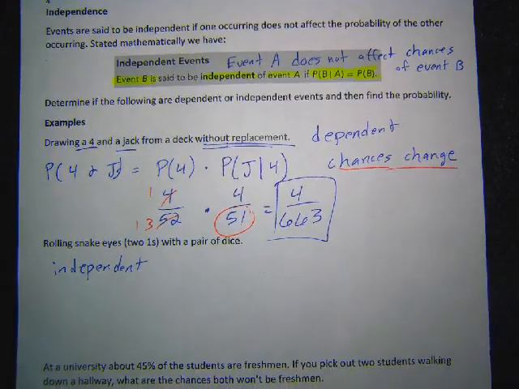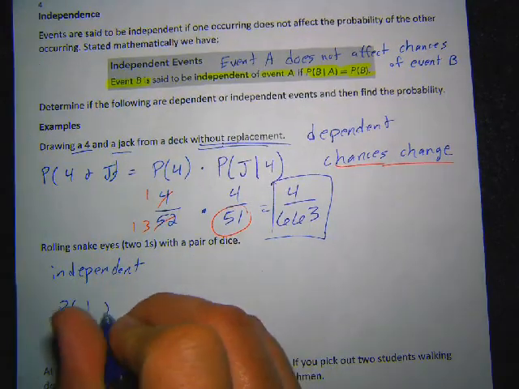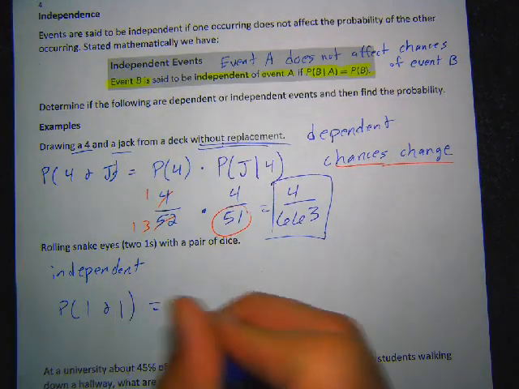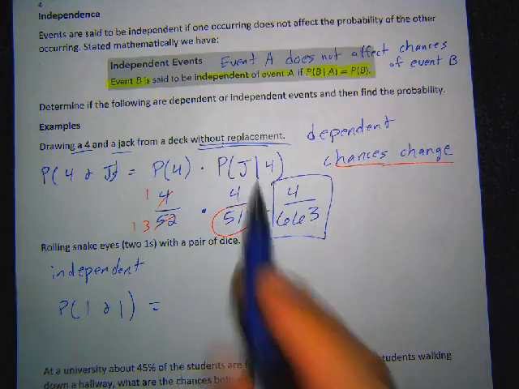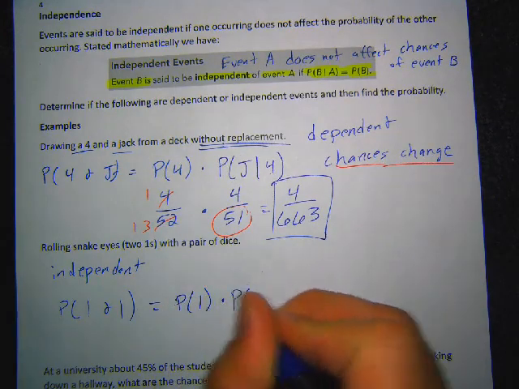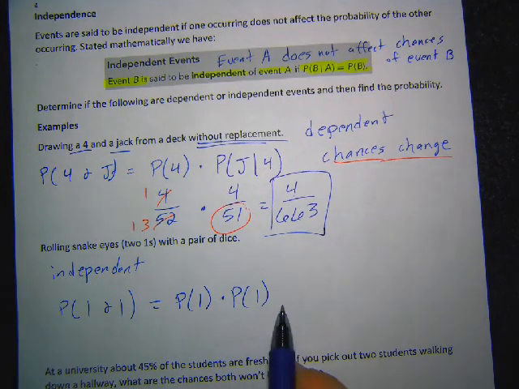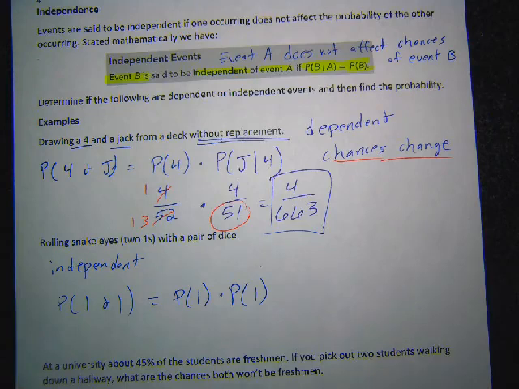So this is independent. So when we do this one, we just find the probability of 1 the first time and the probability of the 1 the second time, and we just do them separately. We don't have to worry about the given. So we just find the probability of 1 and multiply that by the probability of another 1. So here you notice there's not any given. We're not going to worry about the given because the first roll does not affect the second roll.